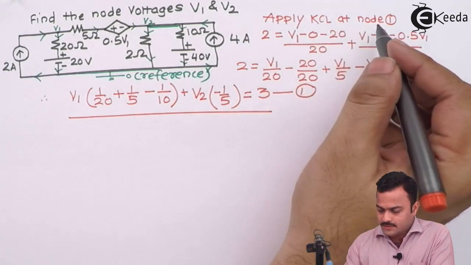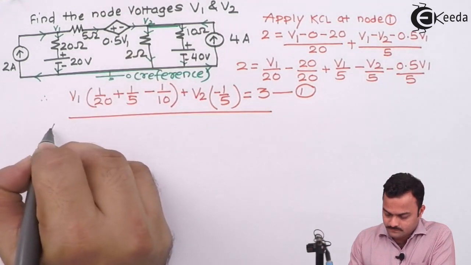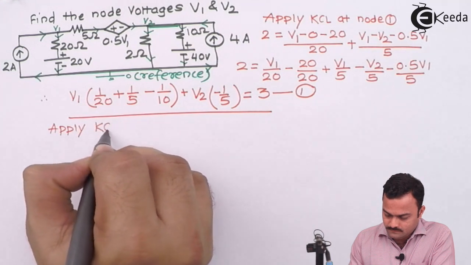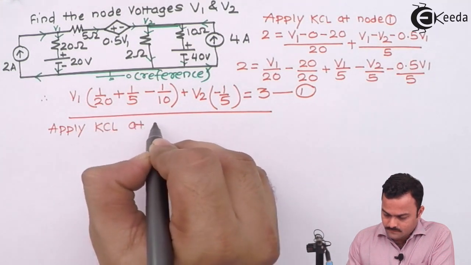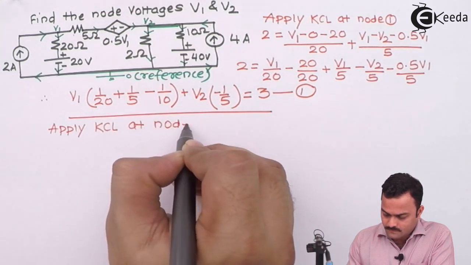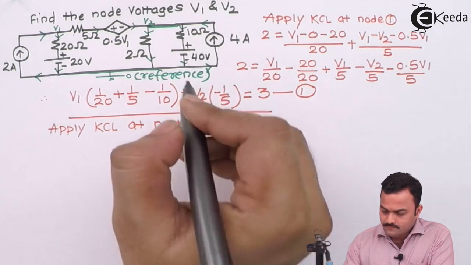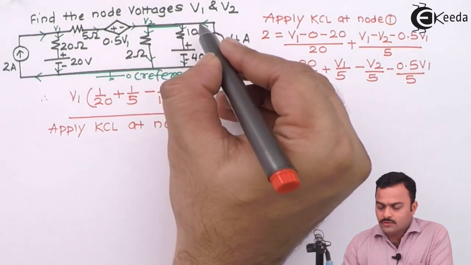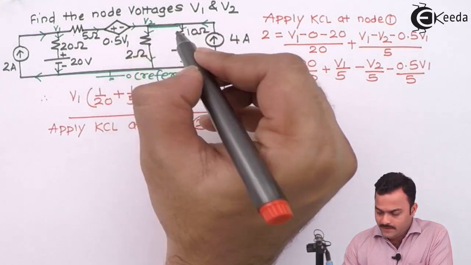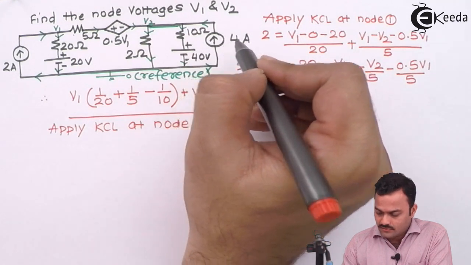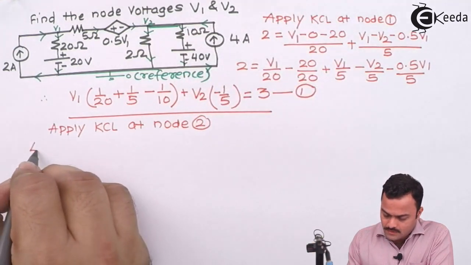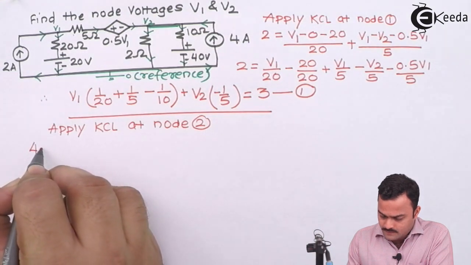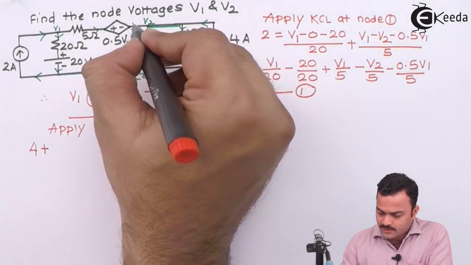Let's apply KCL at node 2. Here 4 branches are connected to this node. Out of that, 2 are incoming. One is a constant current source of 4 ampere, so 4, plus this is also an incoming current.